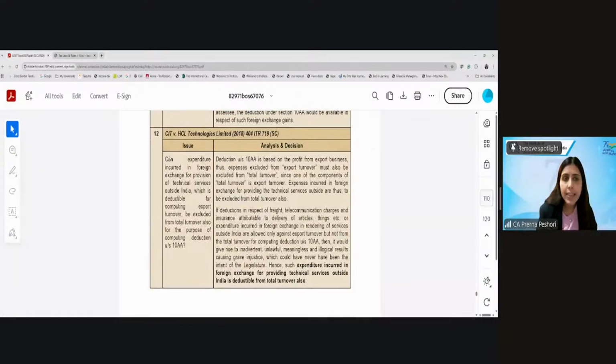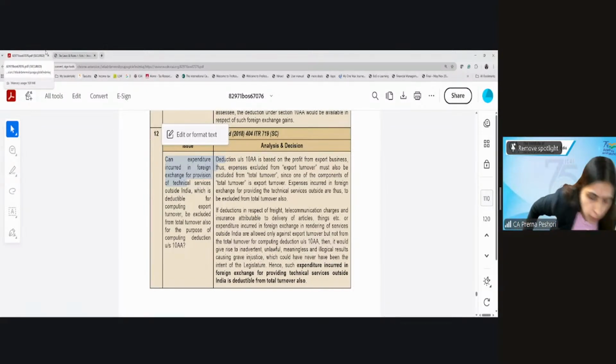Next is, can the expenditure incurred in foreign exchange for provision of technical services outside India, which is deductible for computing the export turnover, also be excluded from the total turnover? If you remember, I told you that from the export turnover you have to exclude not only the freight and insurance, but also any charges in foreign exchange incurred to provide the service.